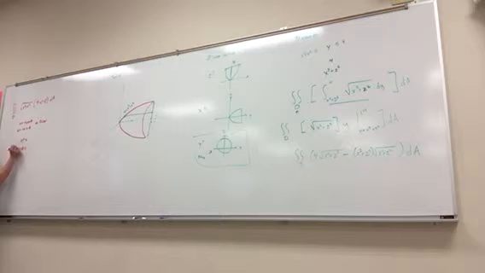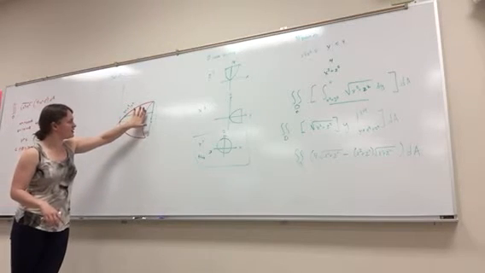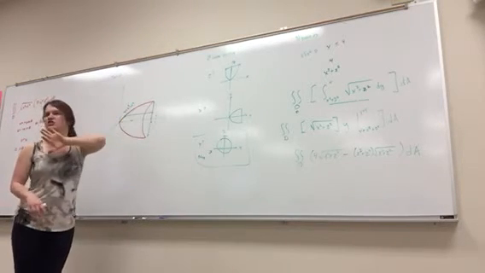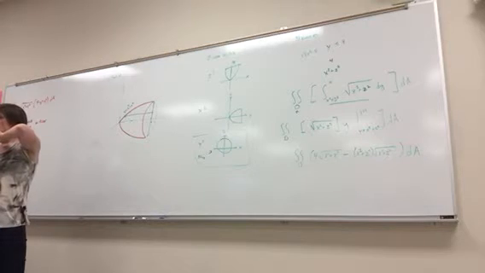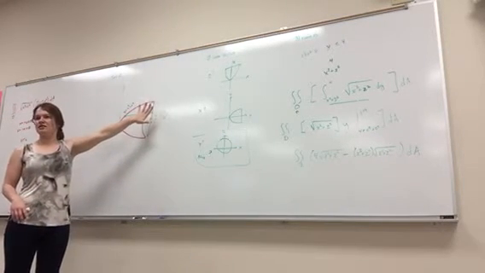0 to 2 pi. Now, my children, this is where things get interesting. Let's think about this. When I look at this, I take a cross section, right? What is the largest? The biggest one is going to be all the way out here, right?